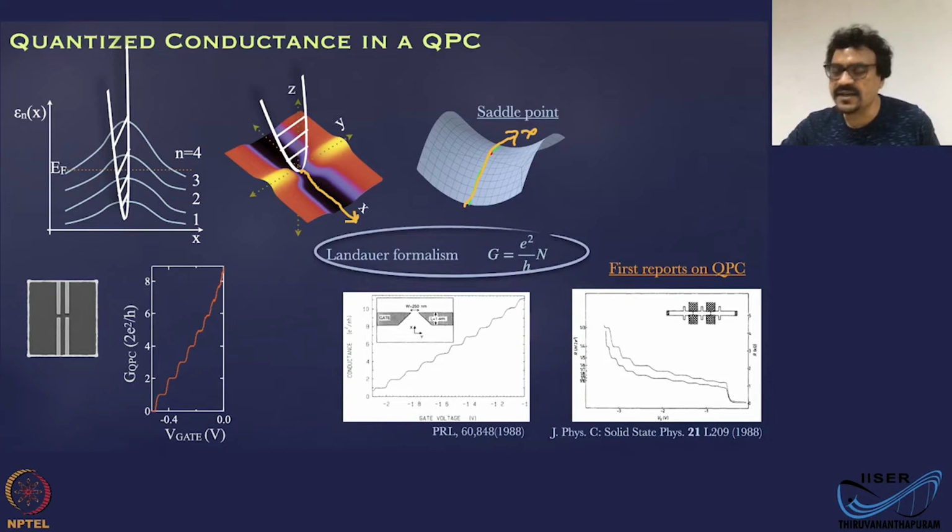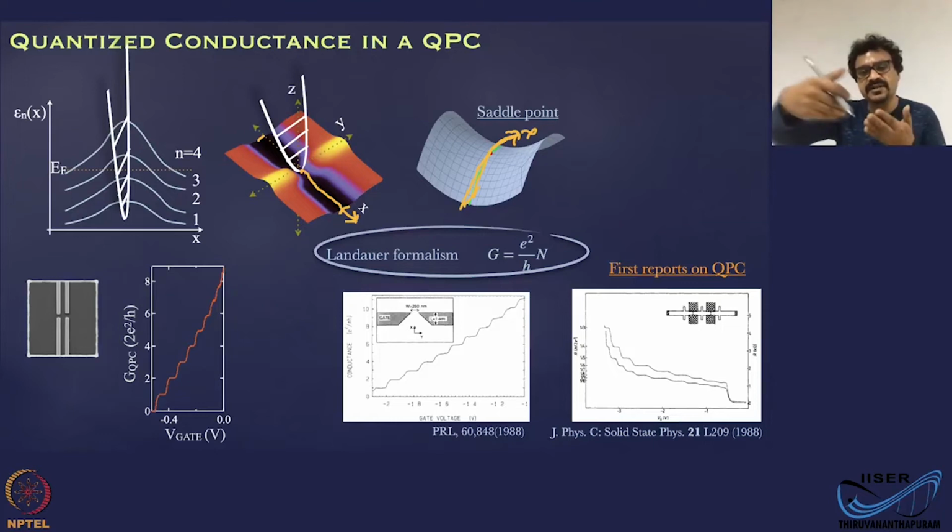Because of the electric field, the bottom of the well is not as low as the energy of the two-dimensional electron system, which is further away. So you have a small bump as the electron passes through the constriction.